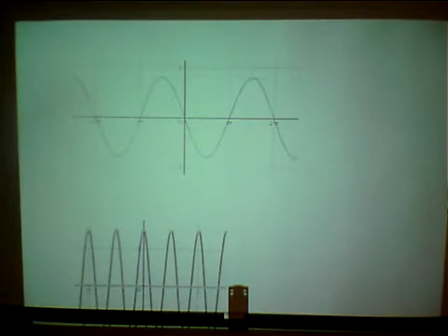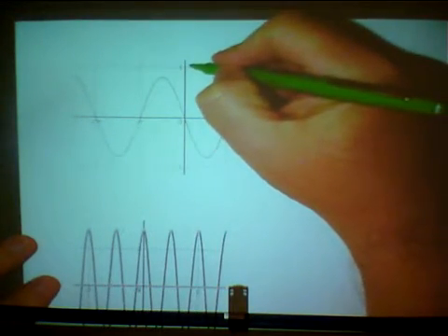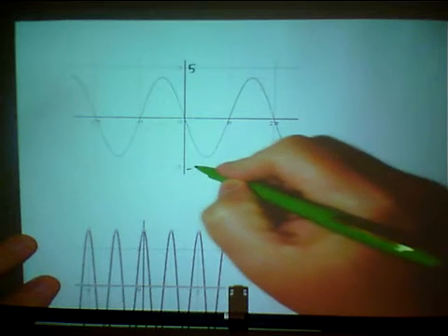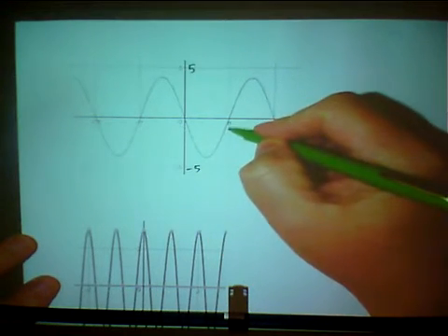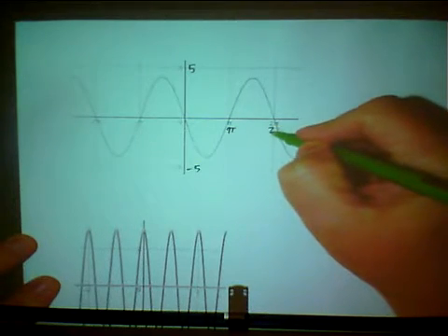I may try and highlight right up here on the y-axis, that's 5. This is -5. This point here is pi, and this point here is 2 pi.